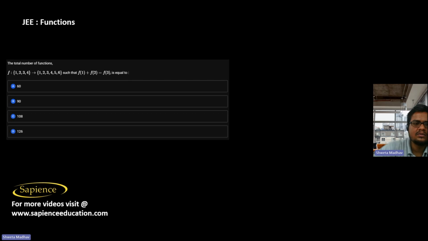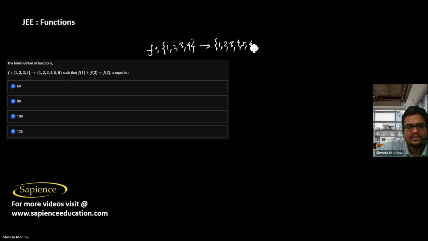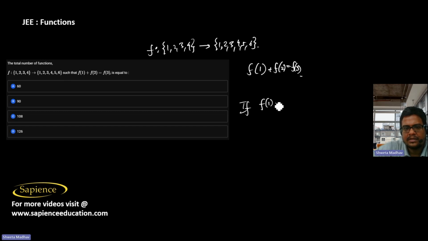Then here it is told the total number of functions which map from the set {1, 2, 3, 4} to {1, 2, 3, 4, 5, 6}, such that f of 1 plus f of 2 is equal to f of 3. So suppose if you take f of 1 as 1 and f of 2 as 2, then f of 3 will be 3.